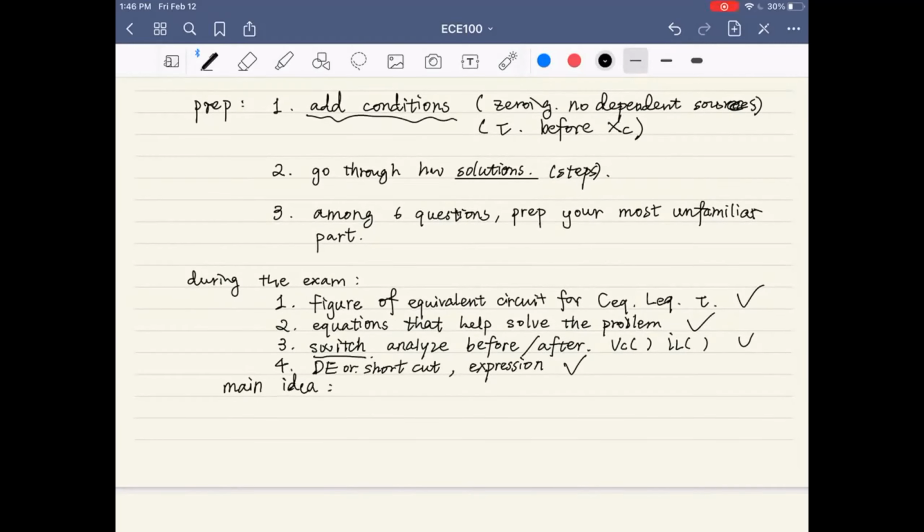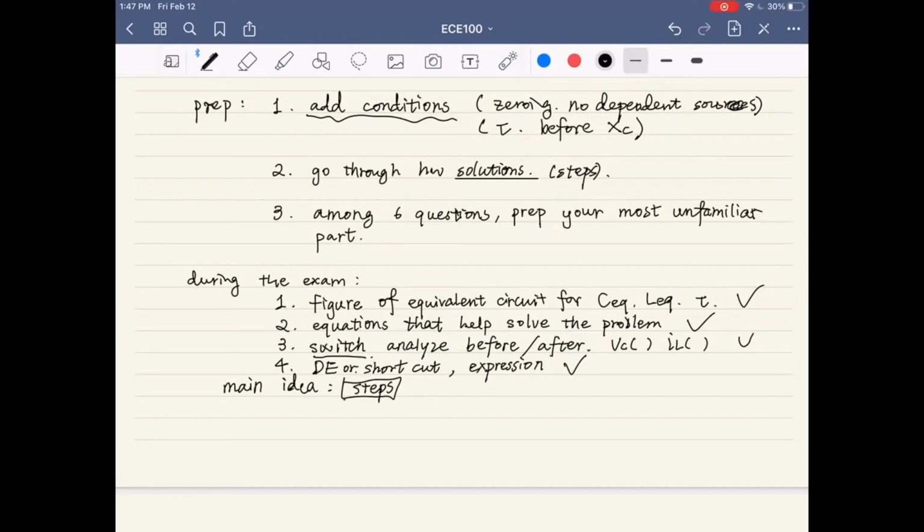So the main idea behind this is that before you solve the question, before you write down all the process of your long calculation, think clearly about what steps you are going to take. And think about what techniques, what knowledge the professors want to check our understanding on, right?